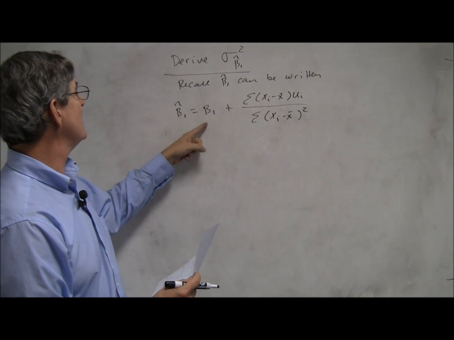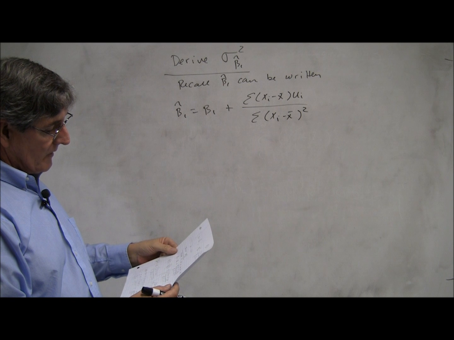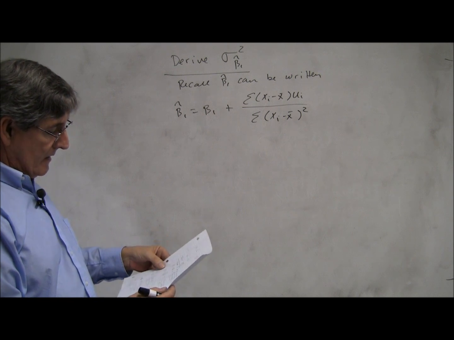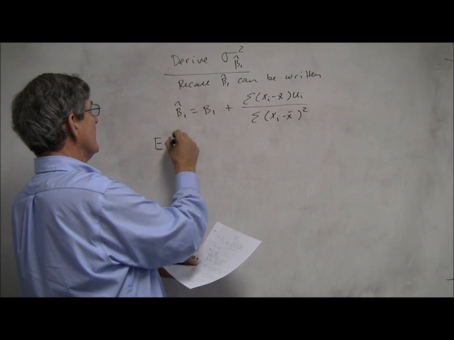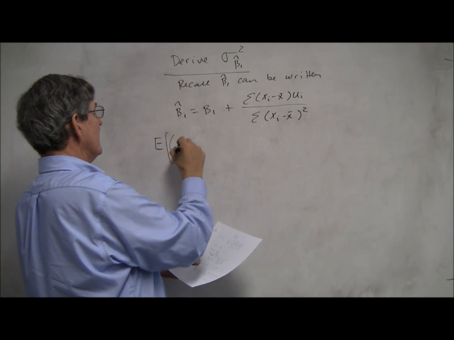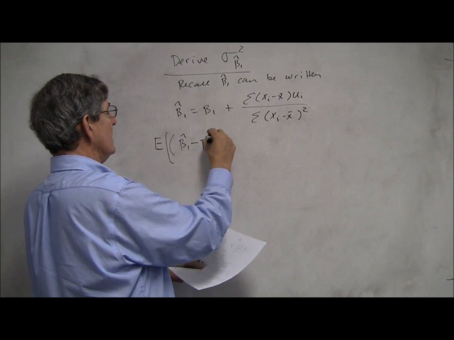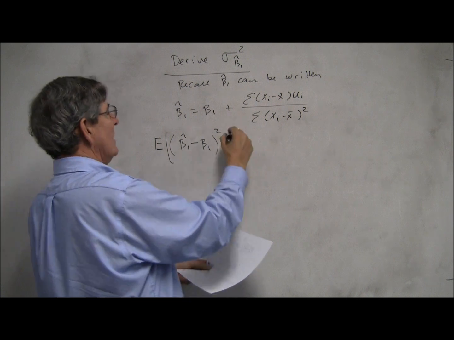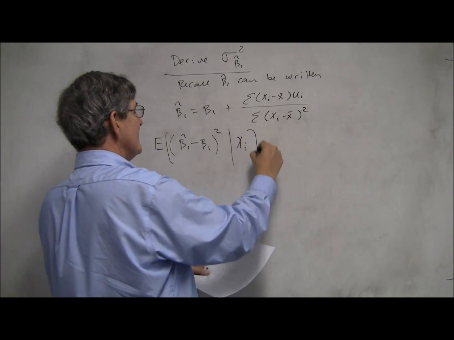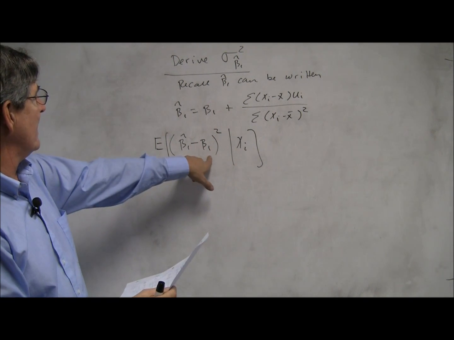So that's still the mean even under homoscedasticity. So what we want is the expected value of beta 1 hat minus beta 1 squared, conditional on xi, technically. Don't worry about that part too much. But this is the formula for the variance, right?